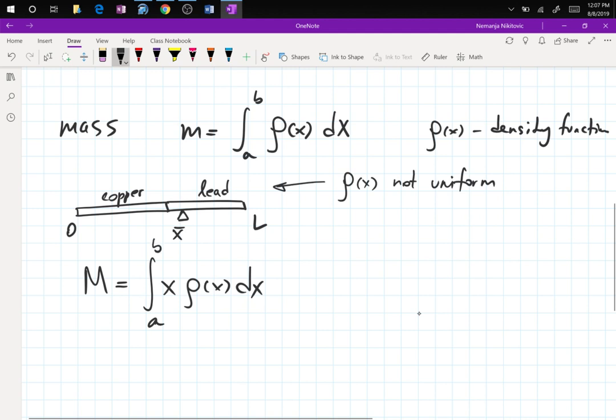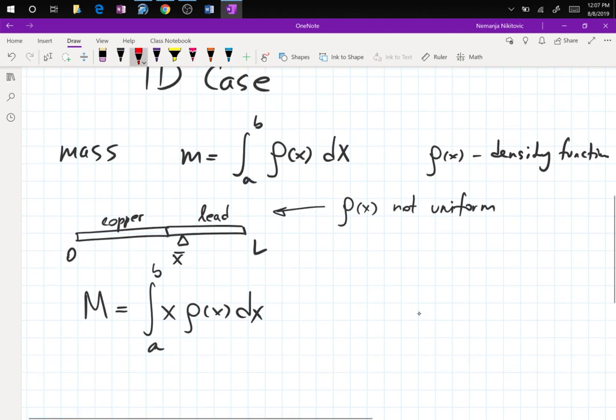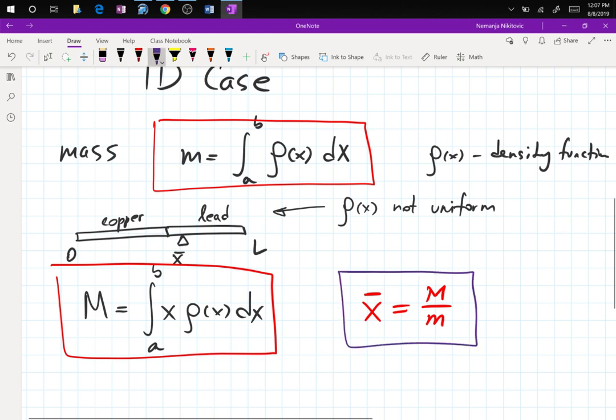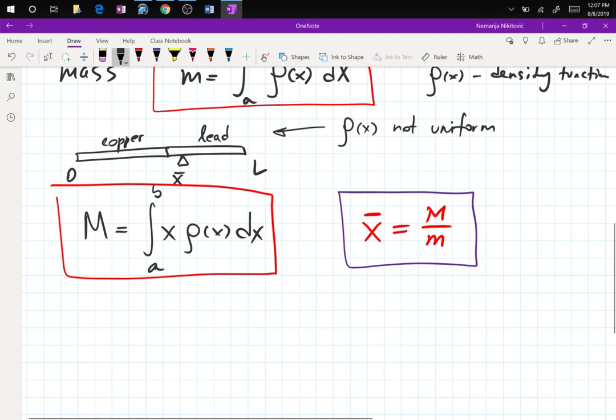So you have this equation to calculate mass, this equation to calculate the moment, and then x bar is the moment divided by mass. And that is your x coordinate. So that's the one-dimensional case. Clearly just Calc 1 integrals, nothing special there.